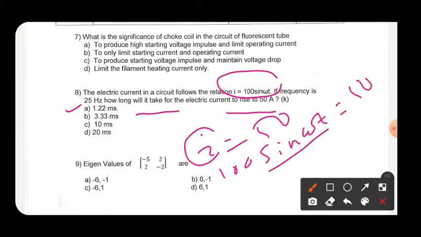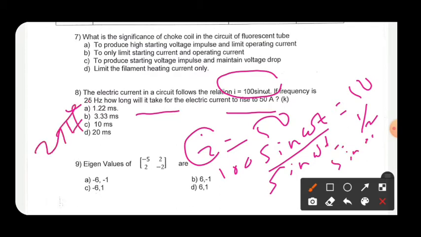So sin omega t equals 1 upon 2, which is sin 30. Omega t is 2 pi f t, equal to 30 degrees. The frequency is given as 25 hertz, and the value of 2 pi you all know, so find the value of t. You will find the time value is 20 millisecond. Just try it and solve it.